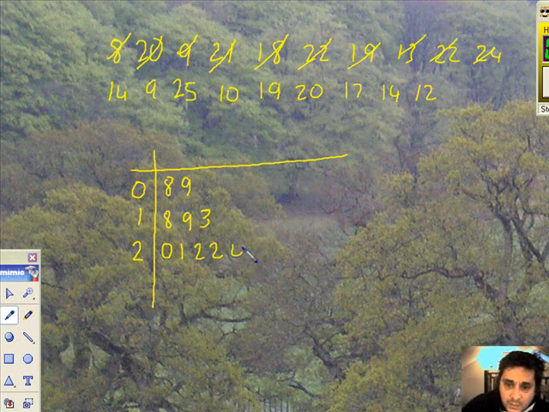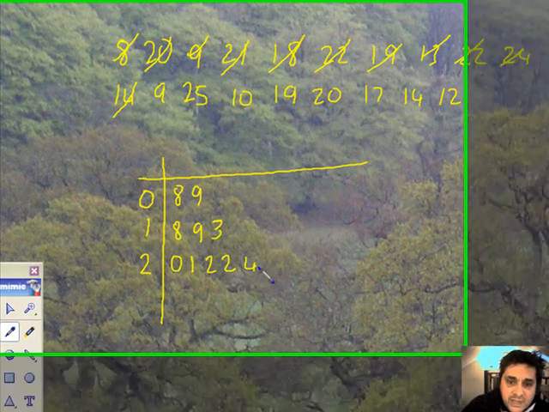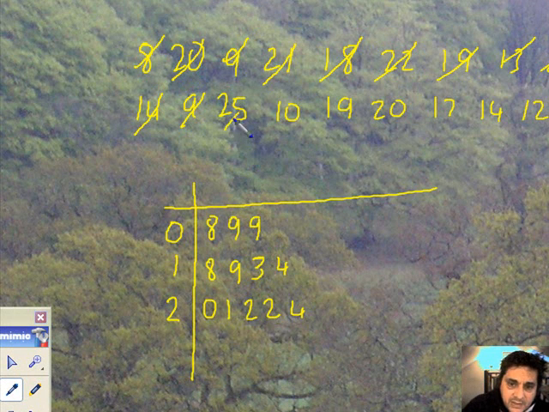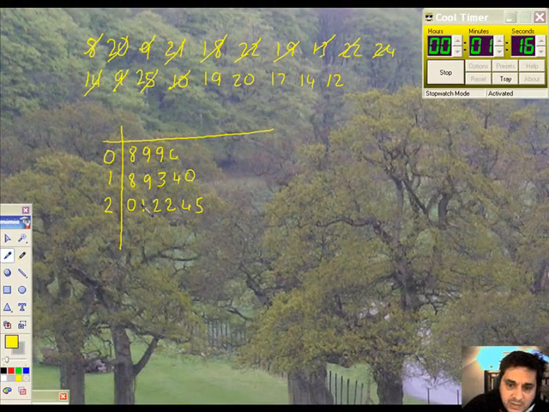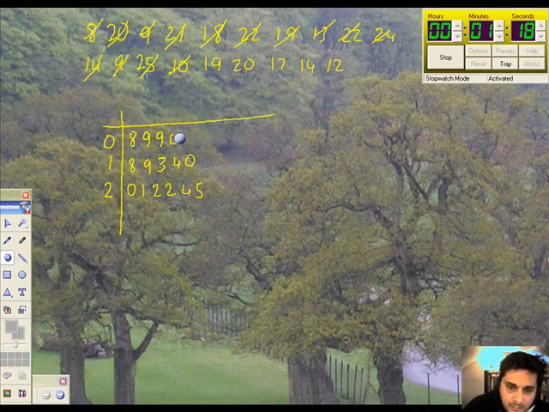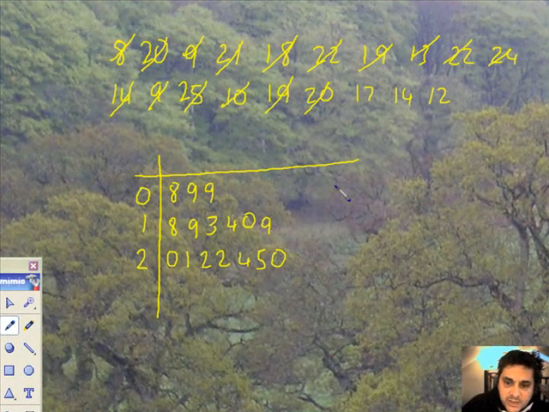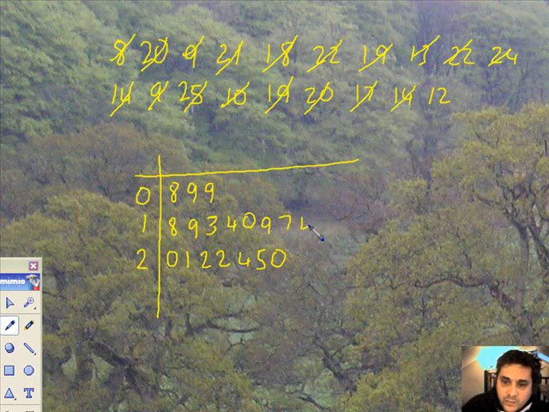And the 24, a 14 there, a 9, back down to the units, 25, 10, oops, 10 goes here, just rub that one out, go back to that, 19, 20, 17, 14, and 12.